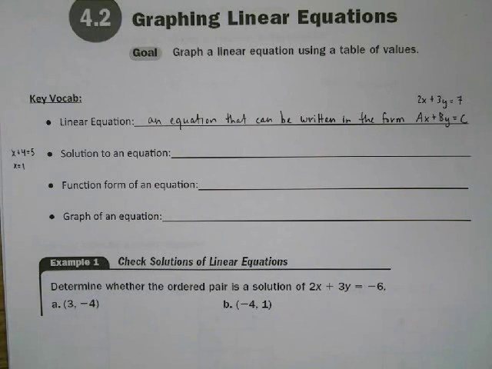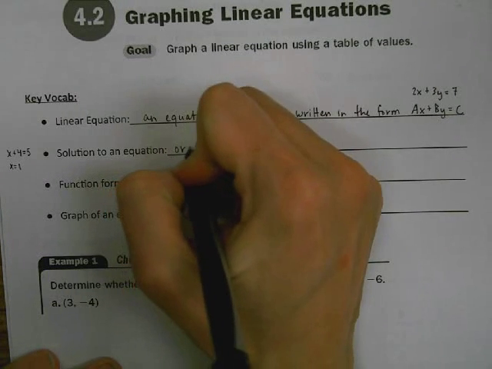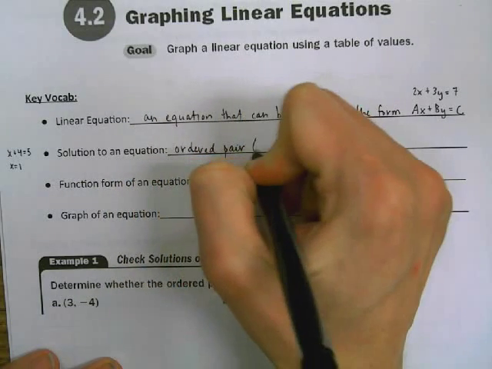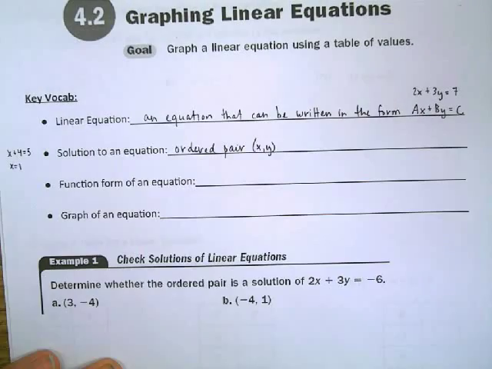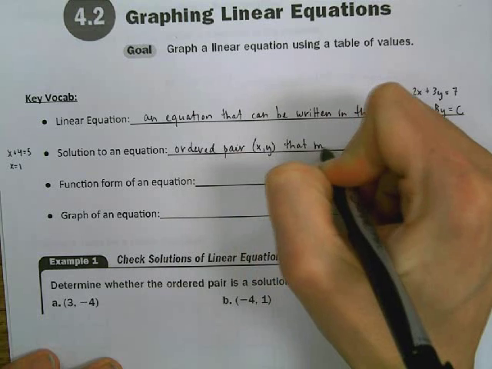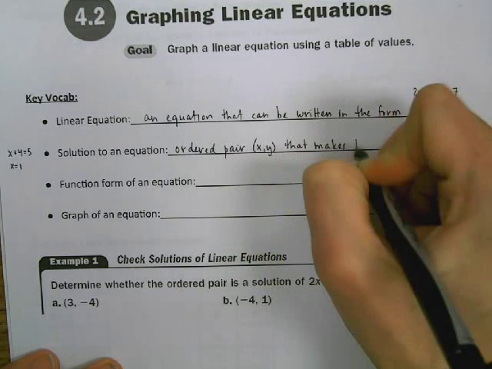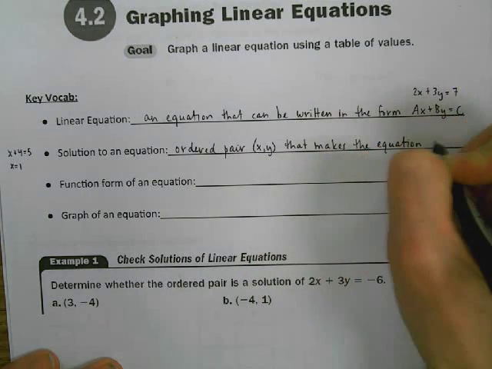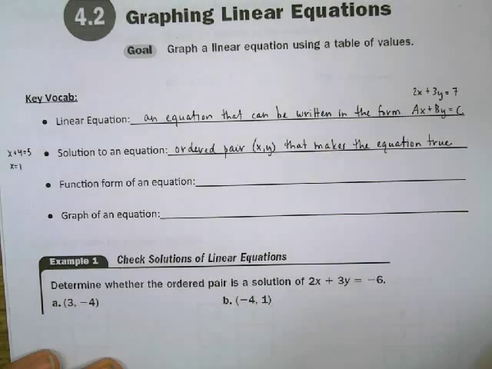It's the same idea here, except now my equations have variables x and y. So now our solutions are going to look like ordered pairs. A solution is an ordered pair, and we know those look like x comma y, that makes the equation true. We're still looking for what's going to make that equation true.